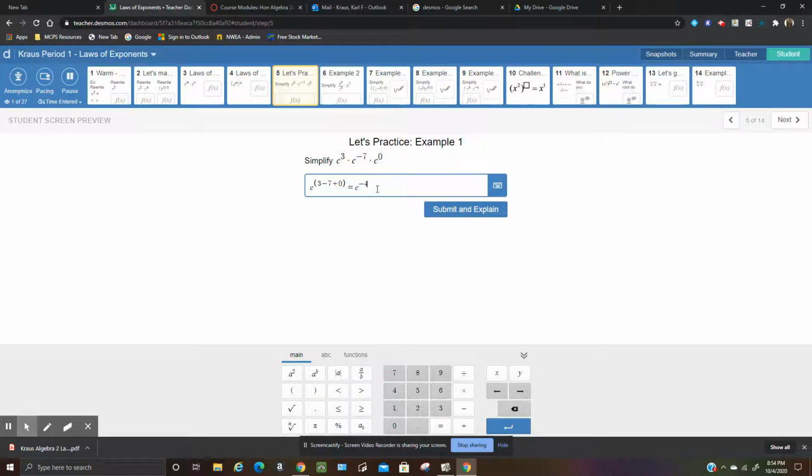Which is the same as 1 over c to the 4th.